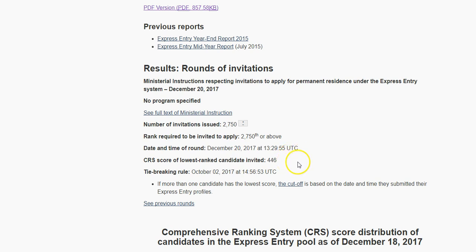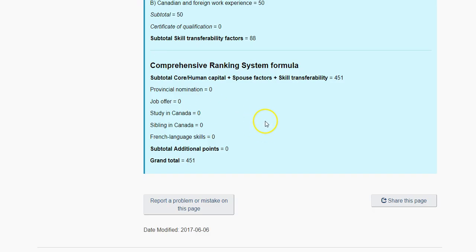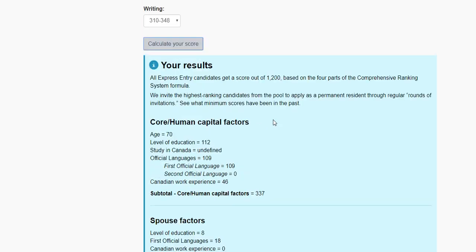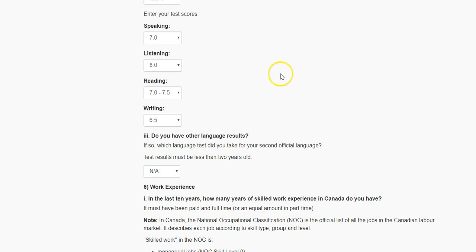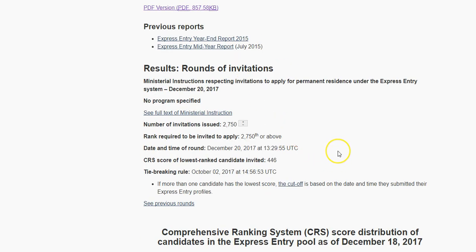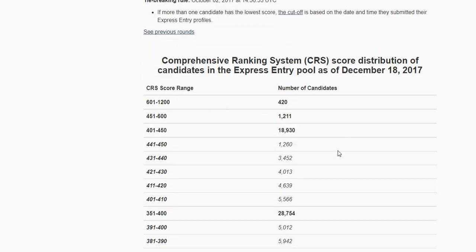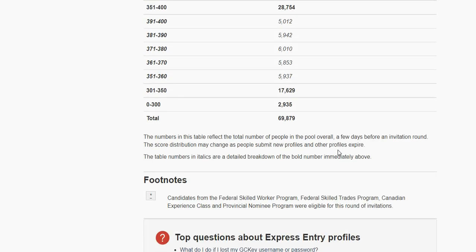If I had applied before December 20, probably I would be one of the people invited to apply for PR in the last round. So basically that's the idea of how you can use this information, the Comprehensive Ranking System tool online, and also how you can compare with the last Express Entry rounds that have been issued by CIC.